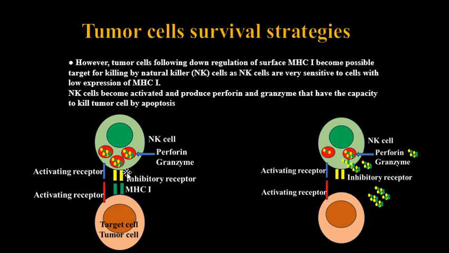Through the inhibitory receptors of natural killer cells, the natural killer cell will not attack this cell. However, when tumor cells downregulate expression of major histocompatibility class 1, this will be sensed by the natural killer cell through their inhibitory receptors, and in turn the natural killer cell will produce perforin and granzymes which induce killing of tumor cells by apoptosis.